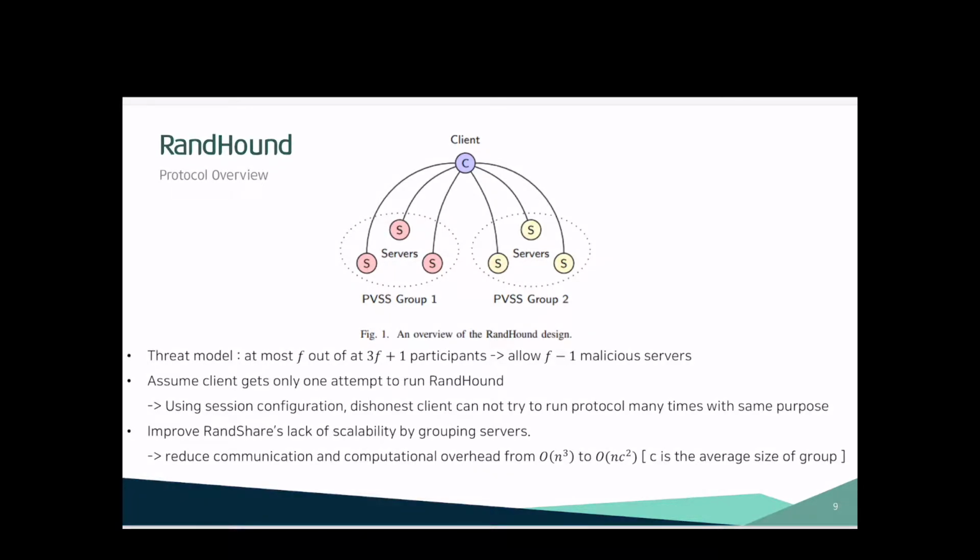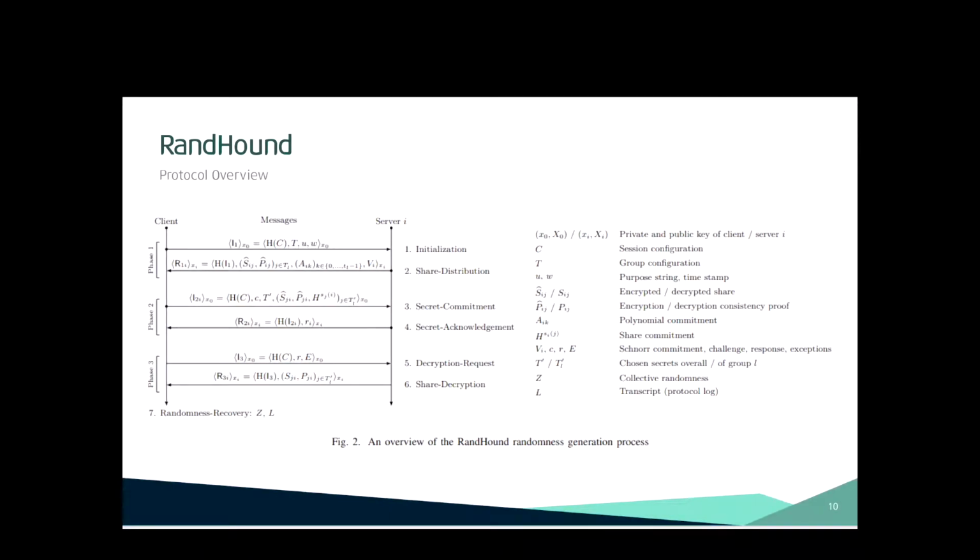RandHound improves RandShare's lack of scalability by grouping servers. It reduces overhead from O(n^3) to O(n c^2). This is the RandHound protocol overview. The right side shows some notation used in this protocol.